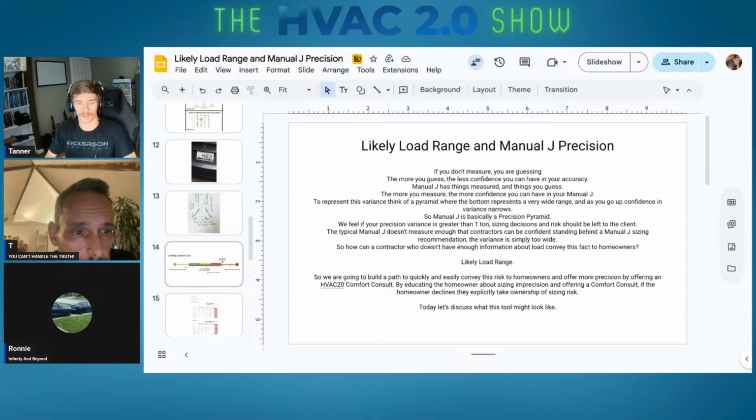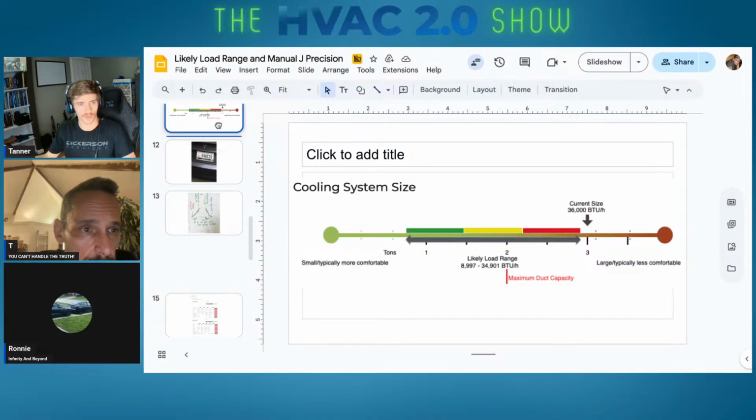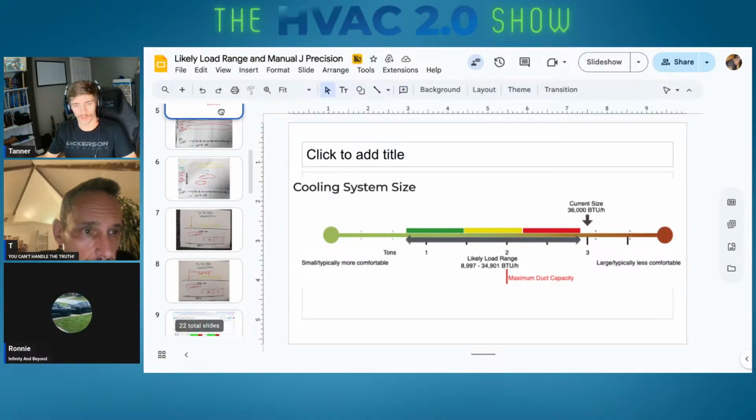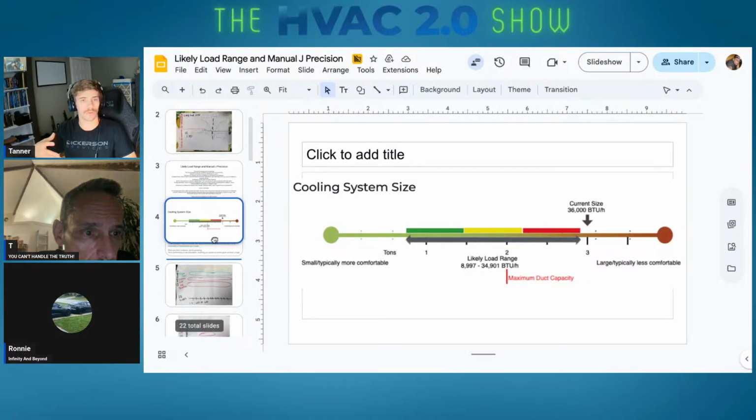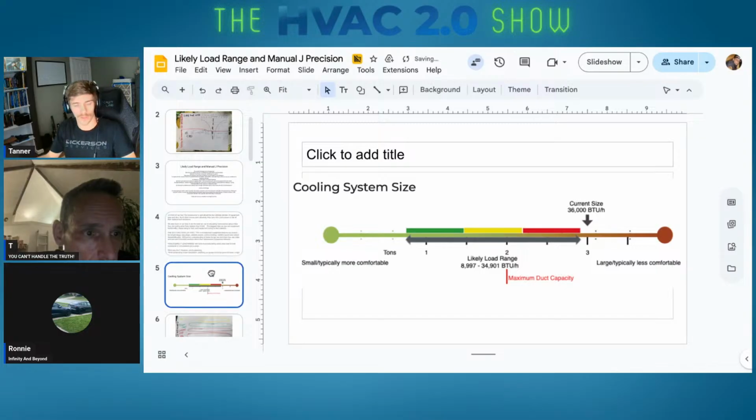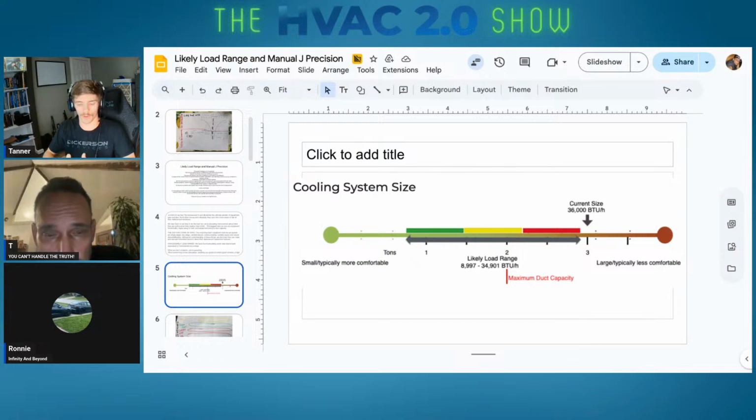Sure, a load calculation requires a lot to be accurate, but why not just do that each time? At what point is it good enough or not good enough? I feel like that's where we came to this conclusion: we have the comfort consult, which is good enough to actually be accurate, and anything less than that, we're going likely load range.